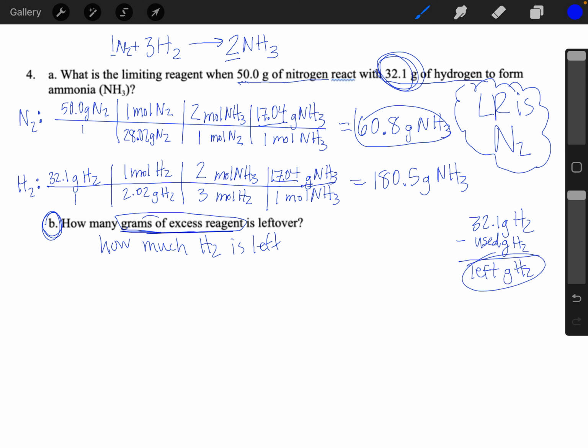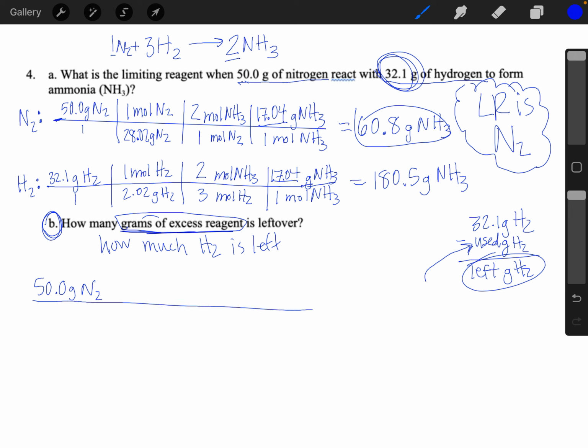How much is left? So we have to use stoich to figure out how much we used. As you know, we used 50.0 grams of N2. We used every single piece of that. Once we hit that last little bit of N2, the reaction stopped.